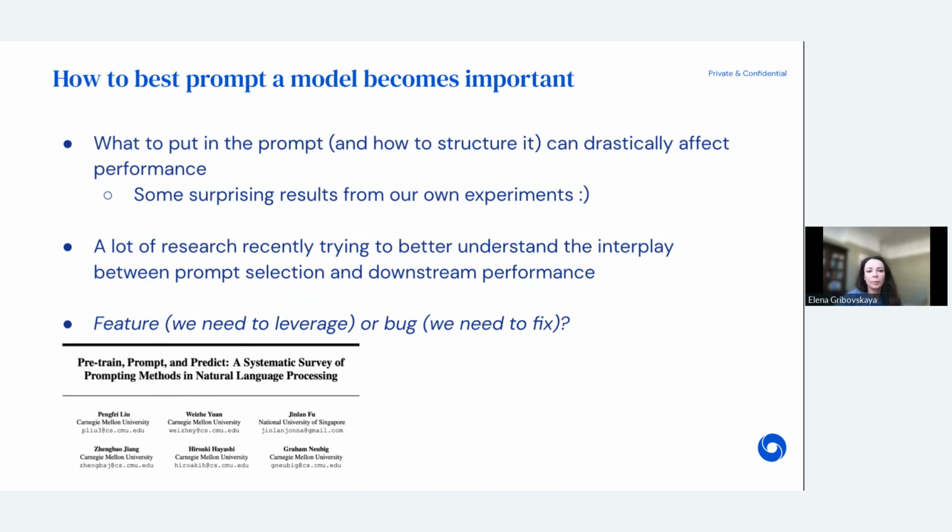Some people consider this a feature, something that we need to leverage and learn to do better, either through reinforcement learning or through some sort of systematic classification of examples. And then there's another view on this, saying that it's potentially a bug and just a manifestation of instability in the model.